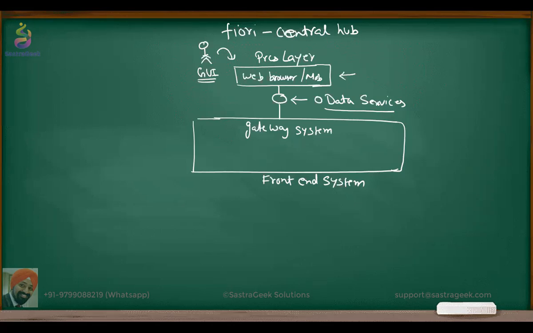These services are basically calls made so that you can reach your application and then finally your data in the database system. So OData services, or any services, are used to connect your web layer and your application layer. That is basically your OData services.